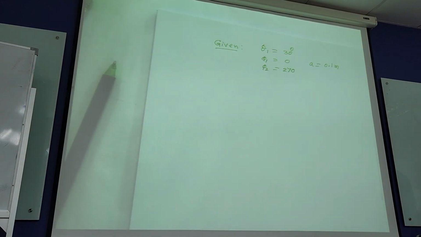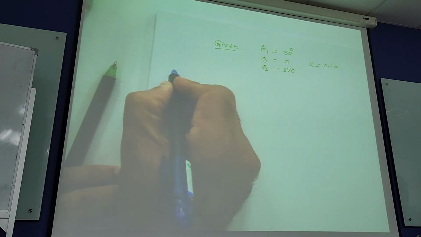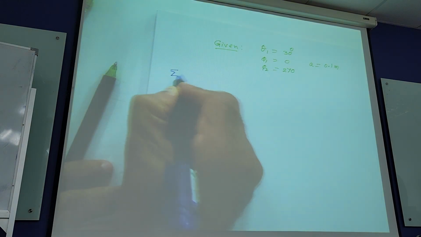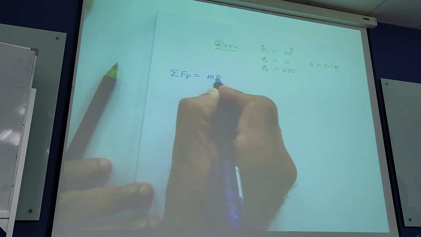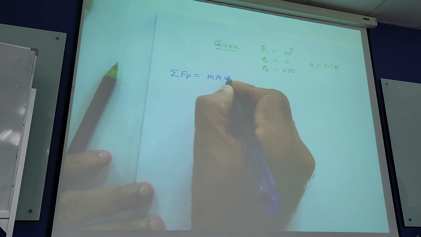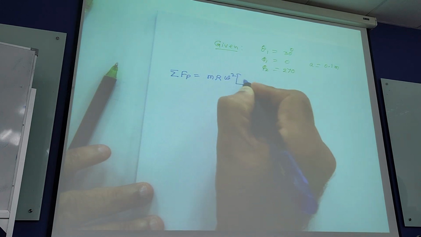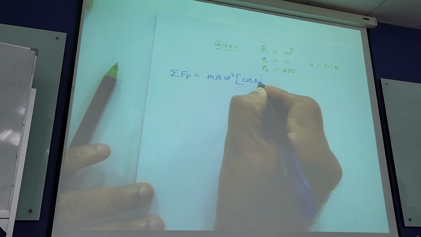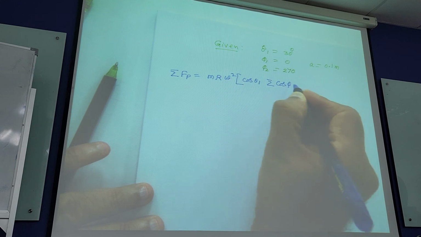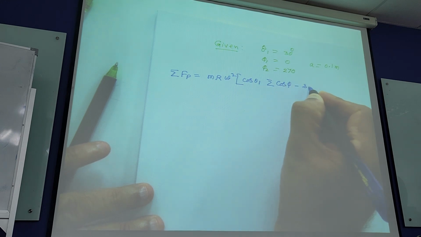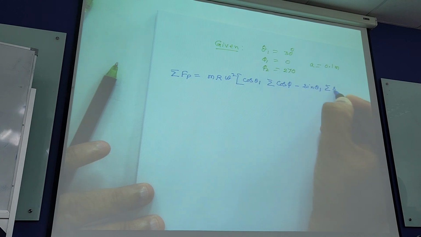Now we can write the sum of the primary forces. We can write m r omega square, cosine theta 1 into the sum of cos phi, minus sine theta 1 into the sum of sine phi.